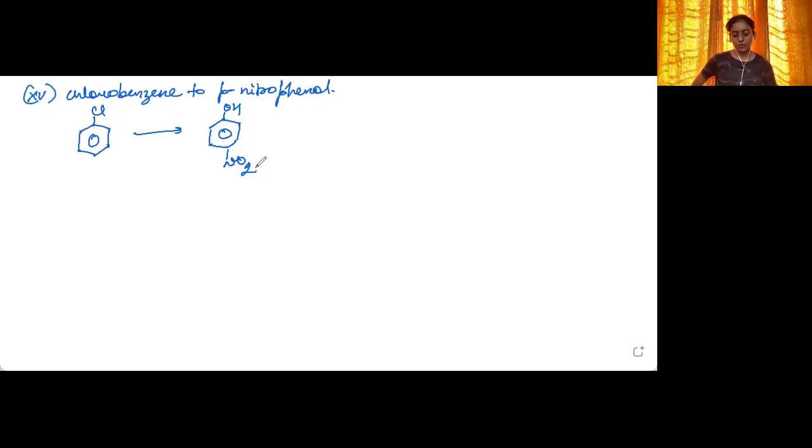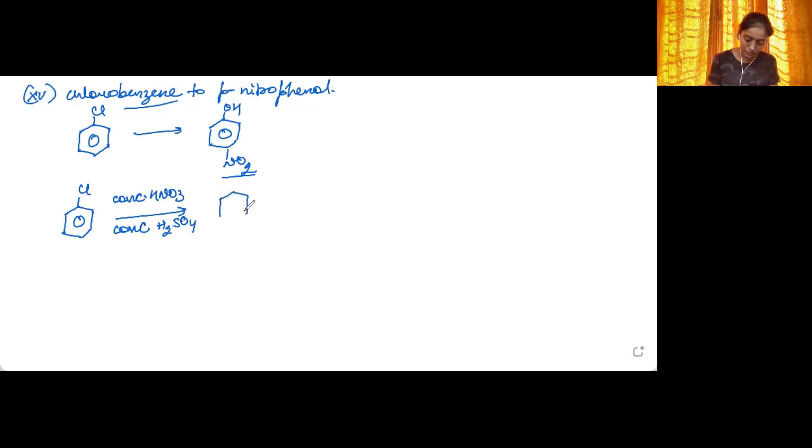First of all, we will do the nitration of chlorobenzene. When we do the nitration of chlorobenzene, what will happen? The NO2 group will be introduced at the para position. So concentrated HNO3 plus concentrated sulfuric acid. This mixture of concentrated sulfuric acid and concentrated HNO3 is known as the nitrating mixture. Okay, because it leads to nitration. So here it is NO2 and Cl.